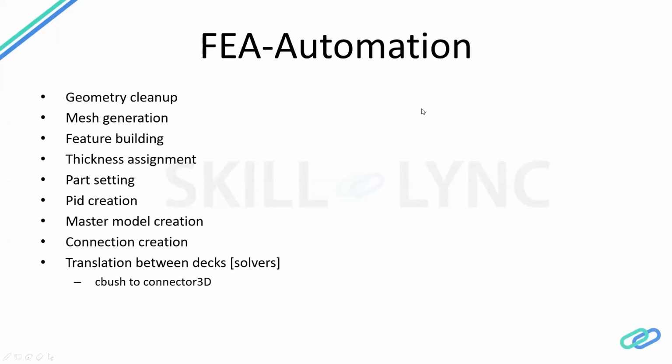Will you go and remove each C-bush and connect it and create a new kind of 3D? Or can you write an automation script that will automatically connect this? These are a few things that I have worked on, which is why I've shown them here. But the amount of things you can do is simply limitless. There is no saying what next can be done.